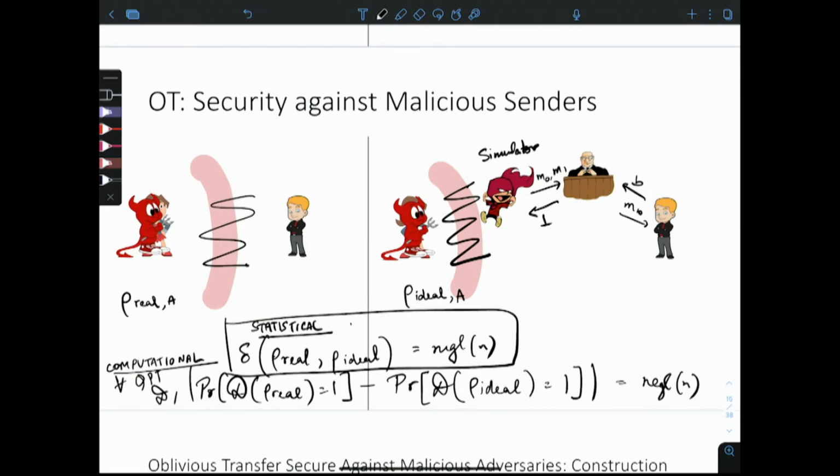The box is saying the same thing as the line below, except it's saying that for every distinguisher, no matter what time it runs in. And the line below says, as long as the distinguisher is a quantum polynomial time Turing machine or a quantum polynomial sized circuit, it should not be able to distinguish the two distributions. But if it got more time, maybe it could. So the computational notion is just weaker.